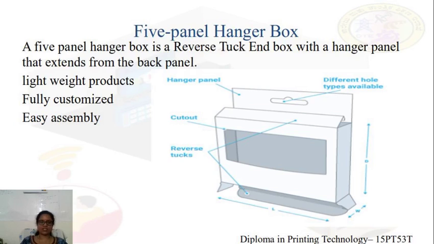Usually this type of packaging consists of cutouts, where a clear visual appearance of the product will be visible to the consumer. The color, the texture, the print of the product will be visible from the cutout that is provided for this style of package. This style can be fully customized and it can easily be assembled.